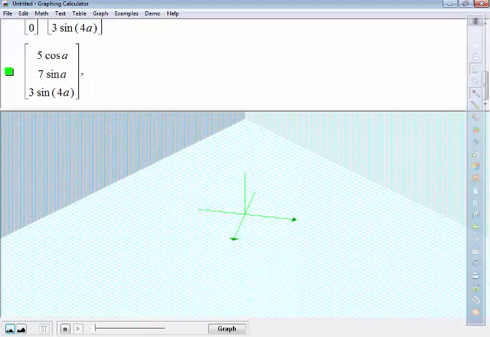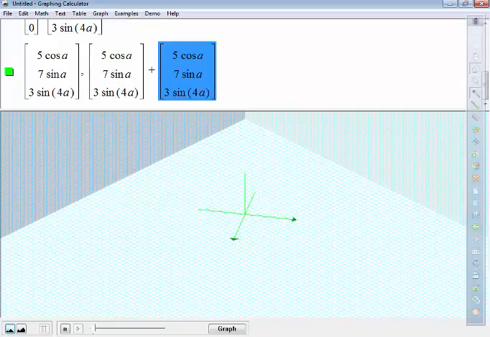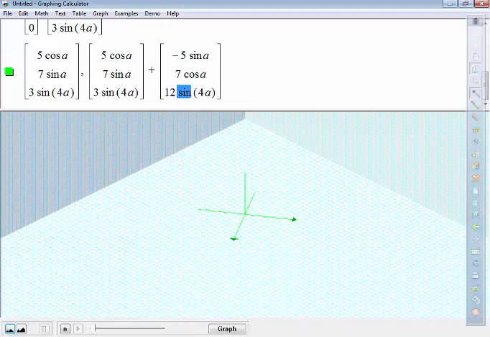So my tail is the position vector, and my head will be the position vector plus the velocity vector. So I need to take that derivative. We did this already, right? The derivative vector is negative 5 sine t, 7 cosine t, and then 12 cosine.